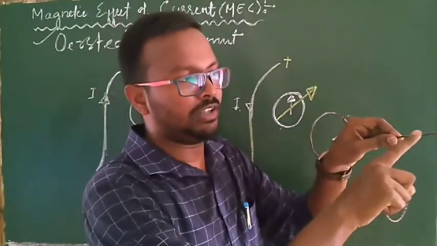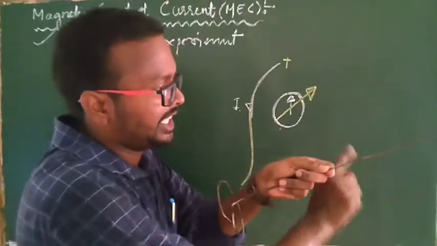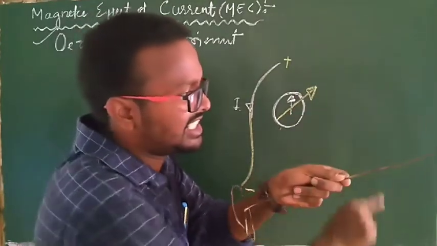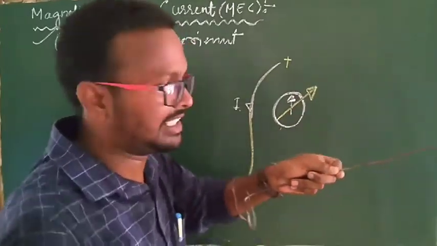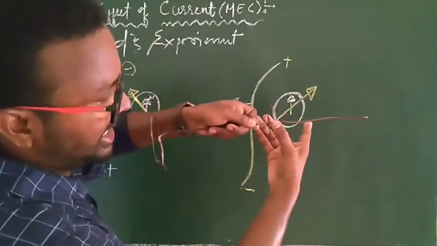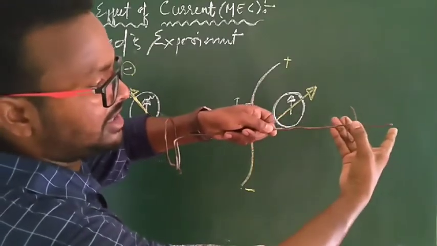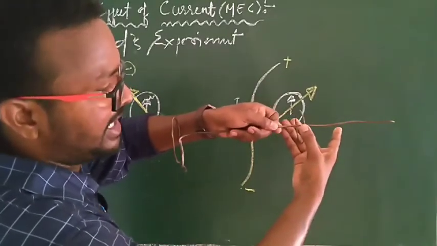If this is the current carrying wire and current flows in this direction, then the magnetic field develops around the wire in concentric circles like this. Clear? These are the magnetic lines of force for a current carrying wire. This is the shape of the magnetic lines of force.